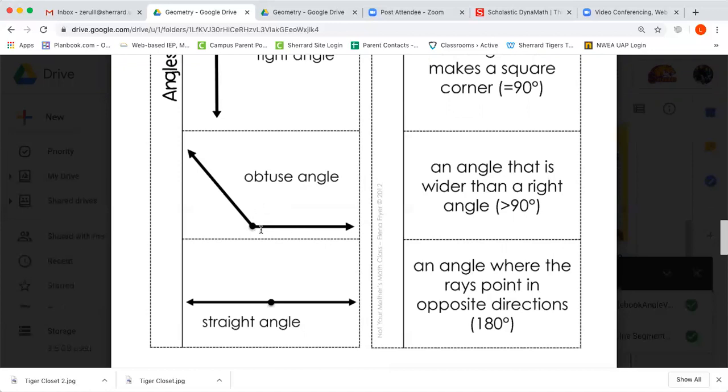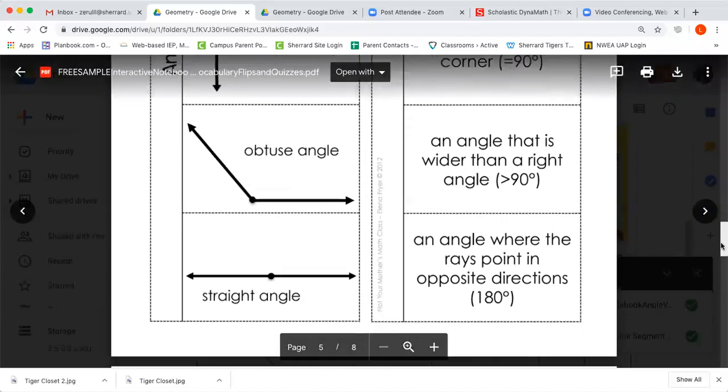In this case, it goes beyond a square angle or is bigger than 90 degrees, okay? So anything bigger than a 90-degree angle is called an obtuse angle.